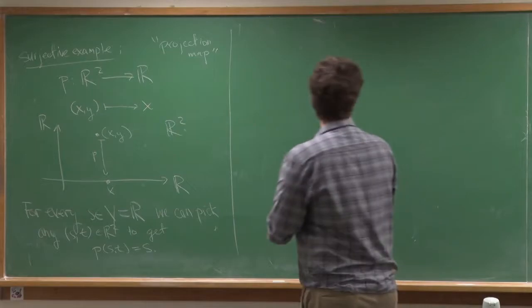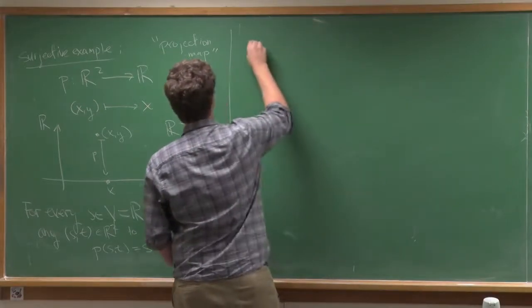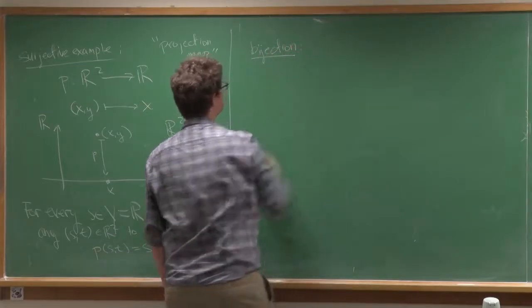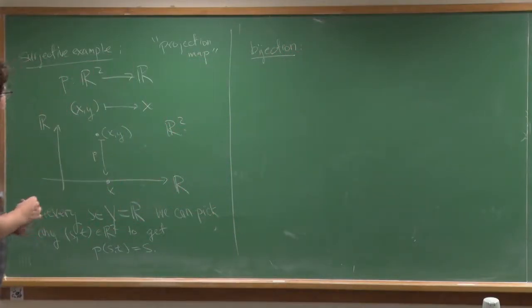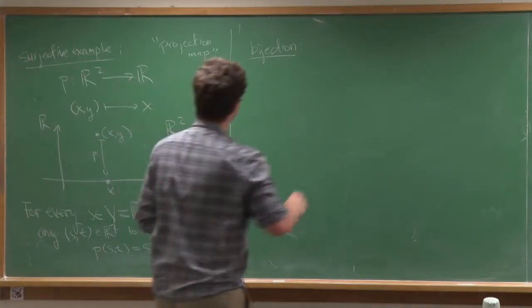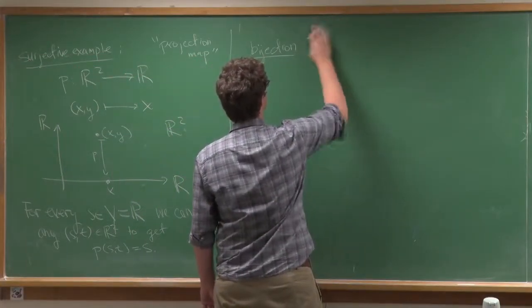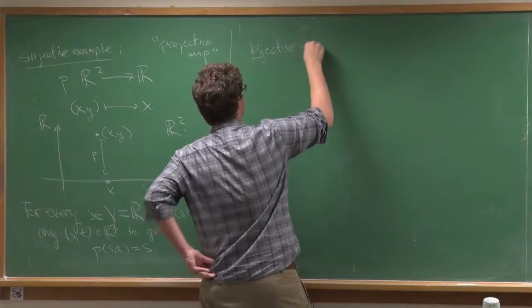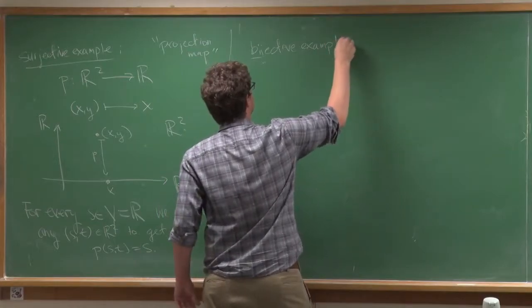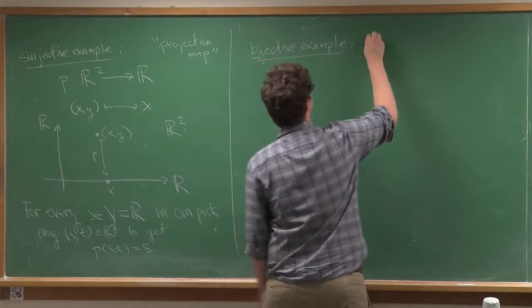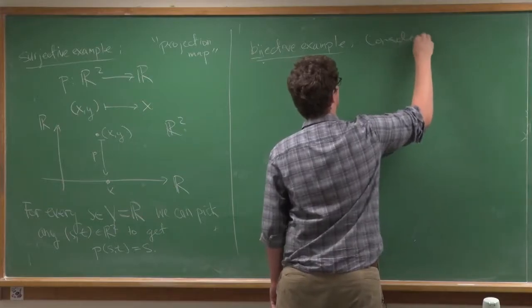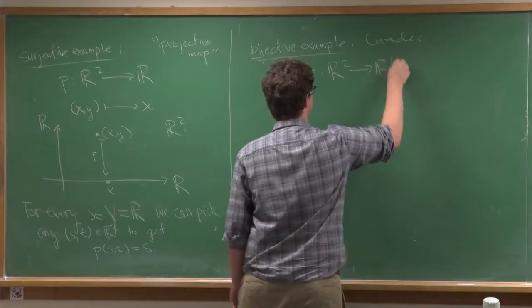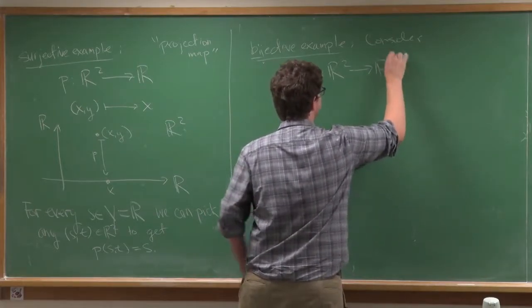All right, so let's do a bijective example. So consider R from R² to R².